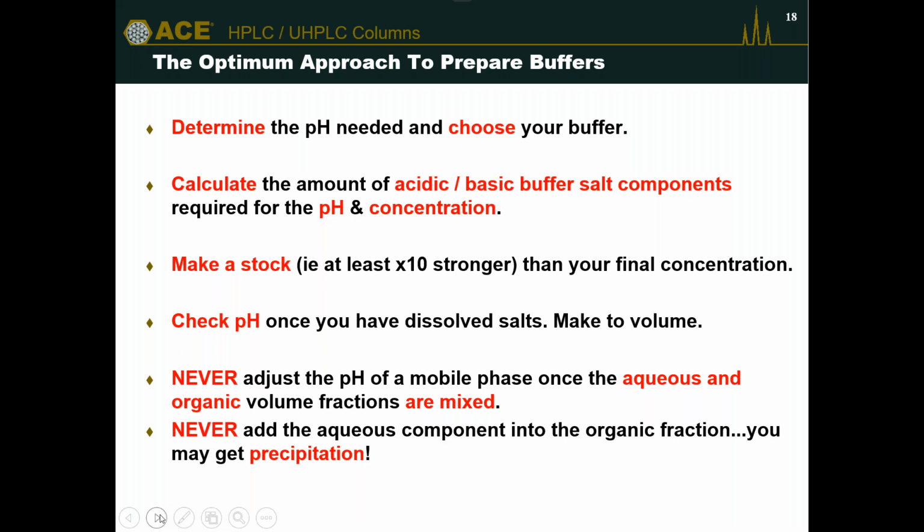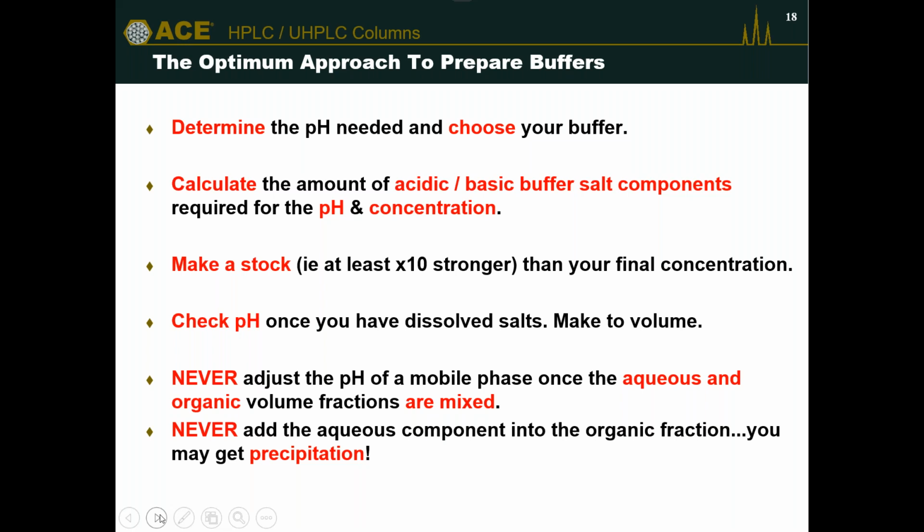If you have a stronger stock than you actually need in the final mobile phase, then it potentially has a longer shelf life. And if you have definitely a quaternary system, then you can just have aqueous in another line to dilute that.